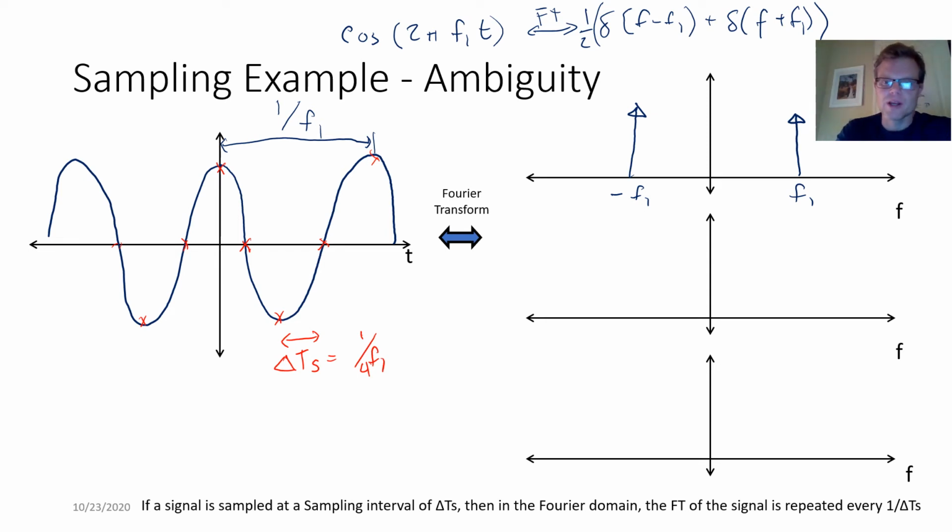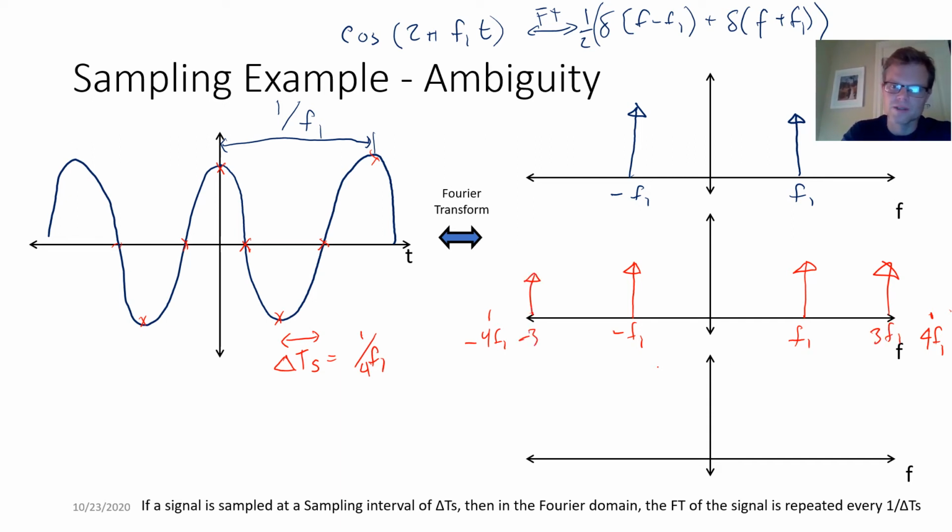If we take the Fourier transform of this, we have the original Fourier transform, and then repetitions of this around, and they have to be a little off scale here since this is f1 and minus f1, with repeated copies around 4f1 and minus 4f1. That means we're going to have a delta function somewhere at 3f1 and here at minus 3f1.